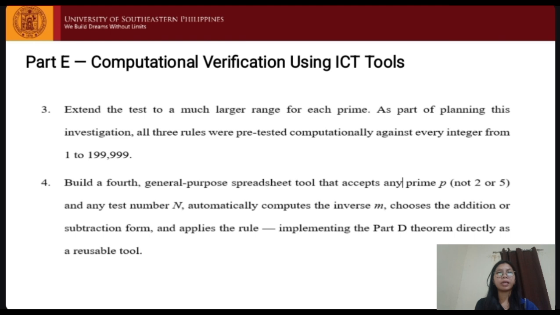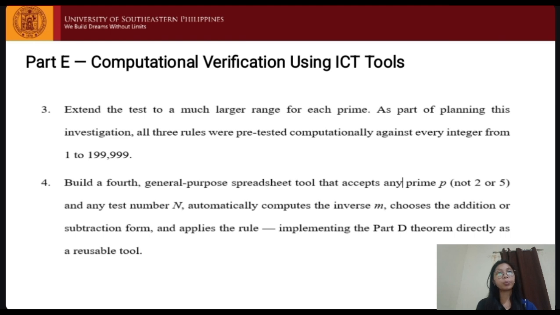So we have ICT verification for large data. To strengthen the reliability of our theorem, we expanded the test beyond a few examples. For each prime number, we tested 400 carefully selected integers, including both multiples and non-multiples.